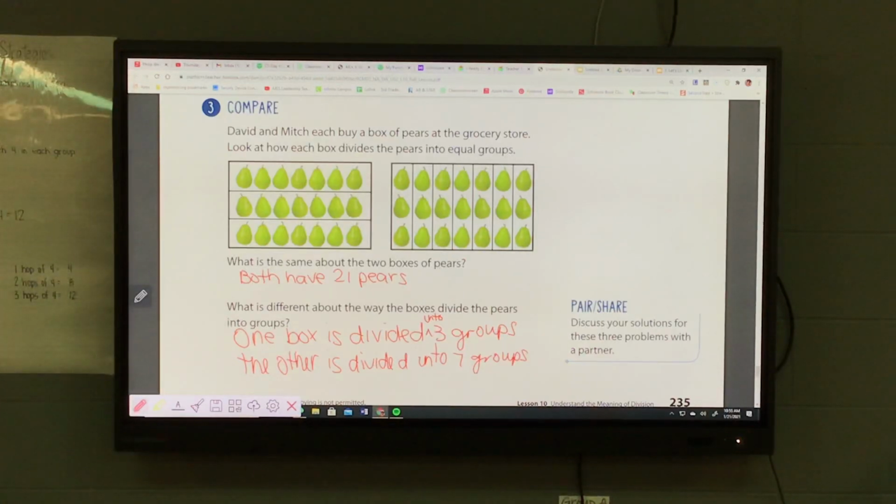Once you have that written down, go ahead and turn your page, then I'll know who's ready to continue on. Because we're going to do some more word problem creating, story problem creating.